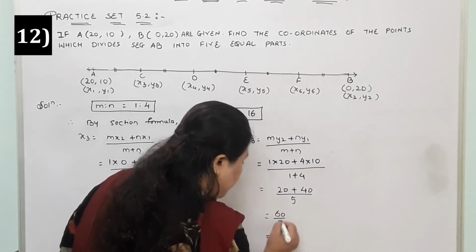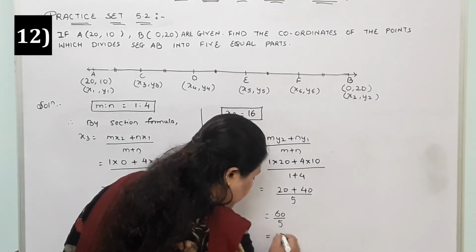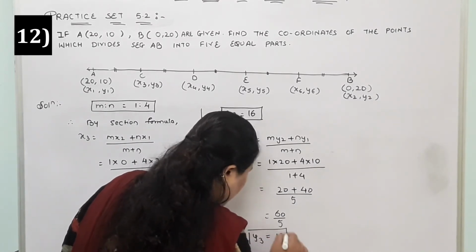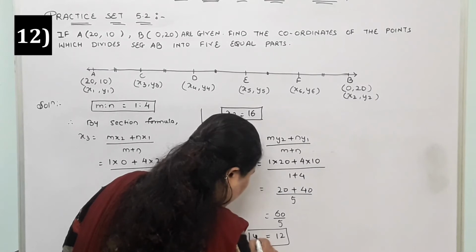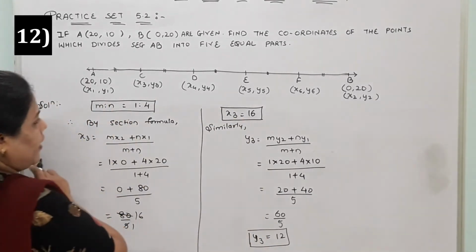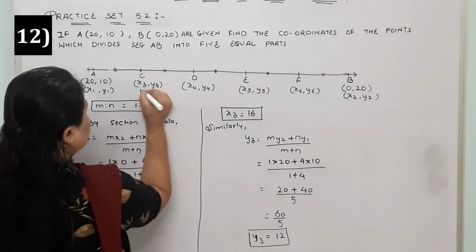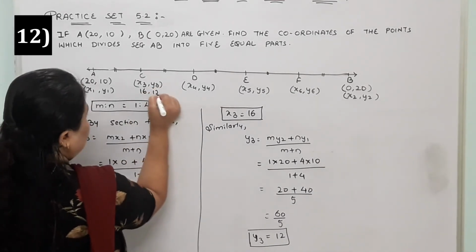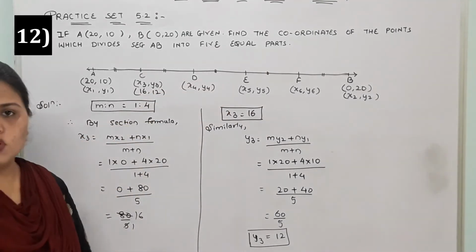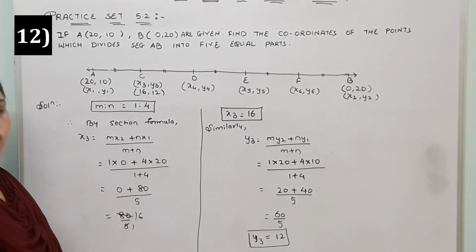So 5 ones are 5, then 5 twos are 10. That is y3. So we get the coordinate of y3 as 12 and x3 as 16. So we write here 16 and 12. Now we'll calculate for the next coordinates by the time you note down.